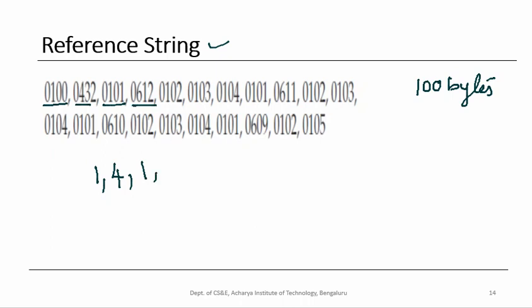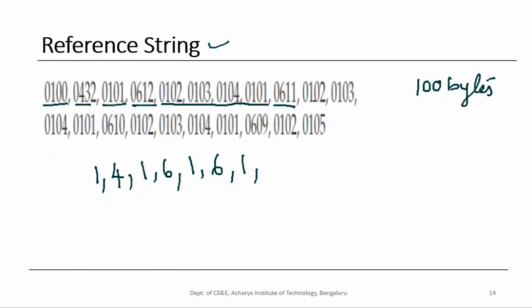This is a reference to page 6, and from here to 0101, these are the references made to page 1. So let me just write page 1 once here, because once this page 1 is brought into the main memory, then there will be no page faults because it resides in the main memory. The next reference is to page 6 and then to page 1 again.